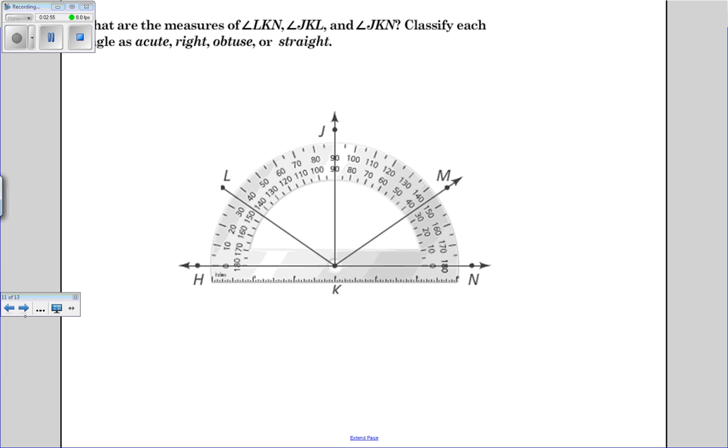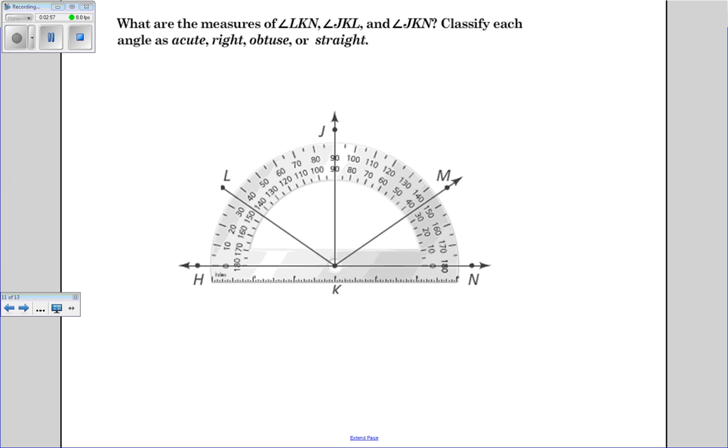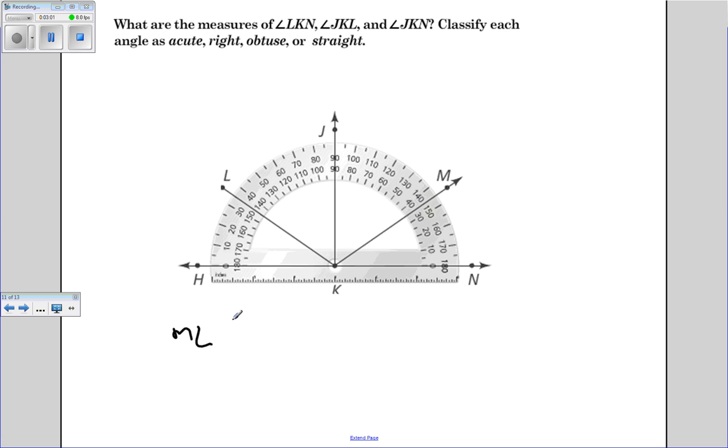All right, so let's do some angle measures. We're looking for the measure of angle LKN. We're looking from here all the way around. When you get here, you notice you've got two options.